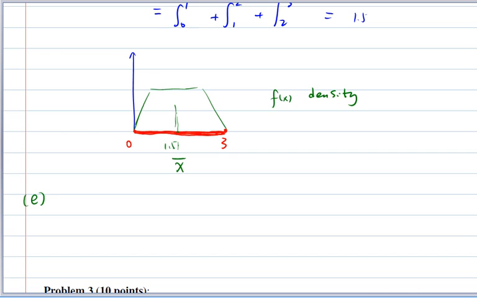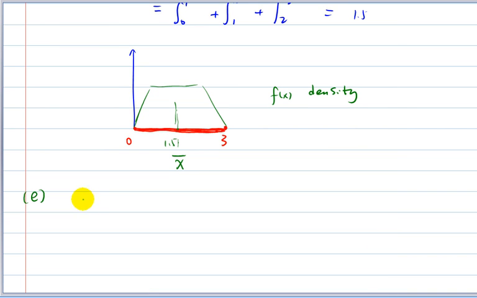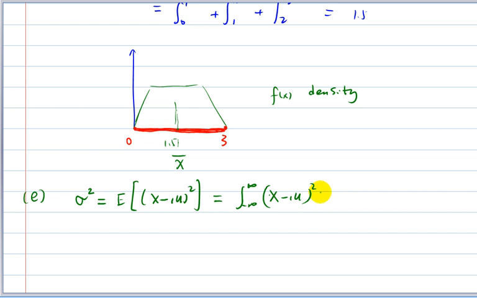So again, purely formula: sigma squared is the expected value of (x minus mu) squared. So the integral from negative infinity to infinity of (x minus mu) squared f of x dx. I'm changing that to small x here. So that's the pure formula.